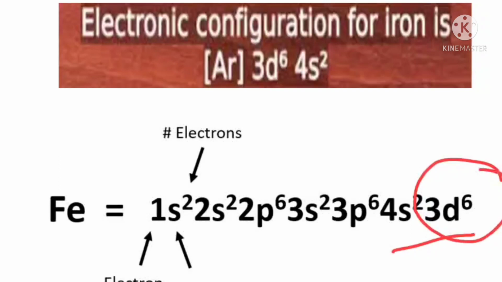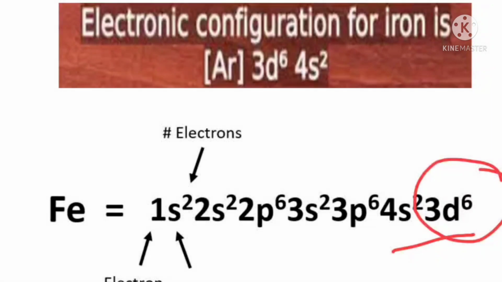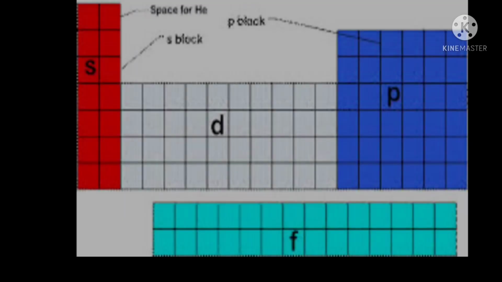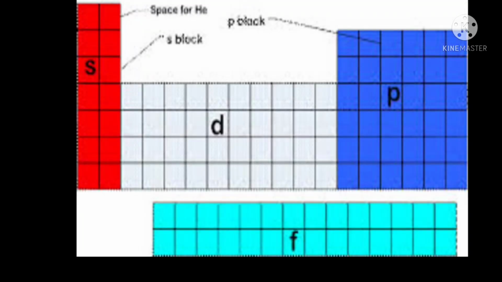Based on where the last electron enters, that means whether it enters s orbital or p orbital or d orbital or f orbital, we classify the elements present in the periodic table into 4 groups. What are they?